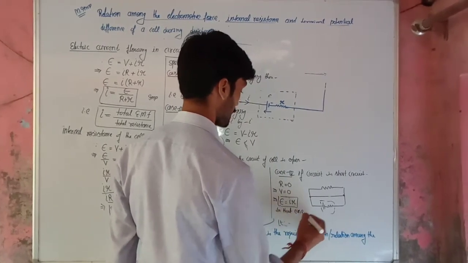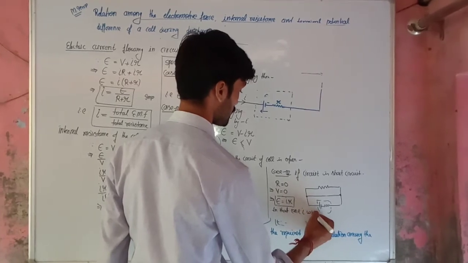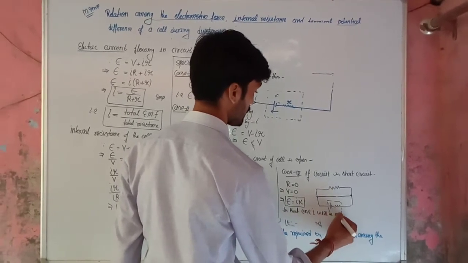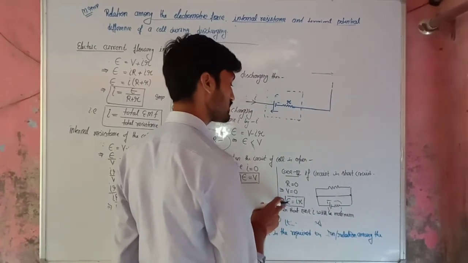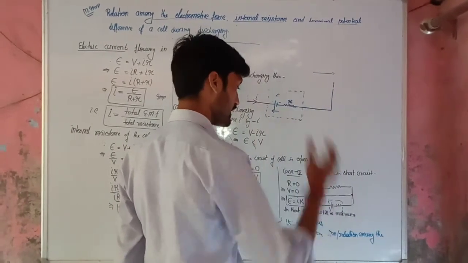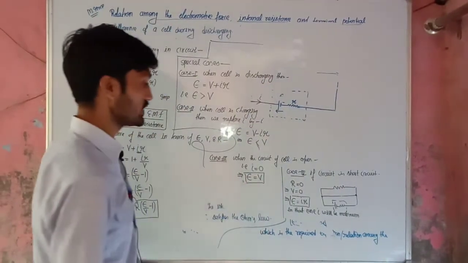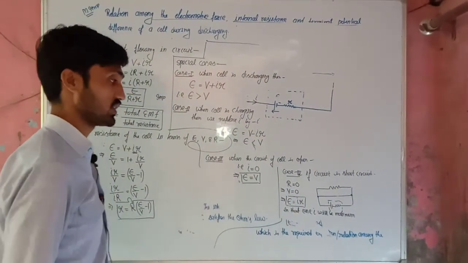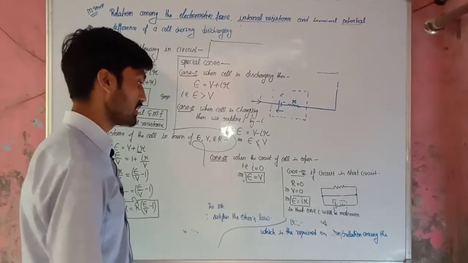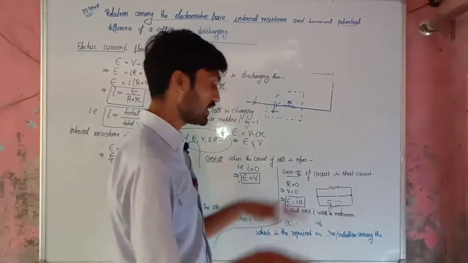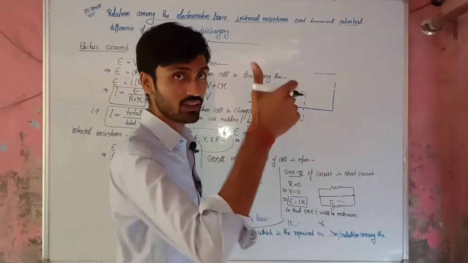Remember this point, because E is fixed, r is fixed, so I will increase when V decreases. I will be maximum in that case, because R decreased, so the current will increase.